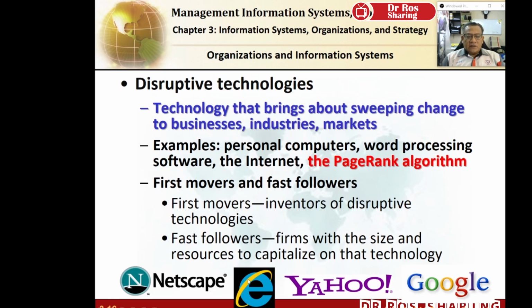But believe it or not, the first search engine in the internet era was Netscape. Perhaps most of you never used Netscape in the 1990s. But nowadays the market is dominantly controlled by Google, which uses the page rank algorithm for its search engine.